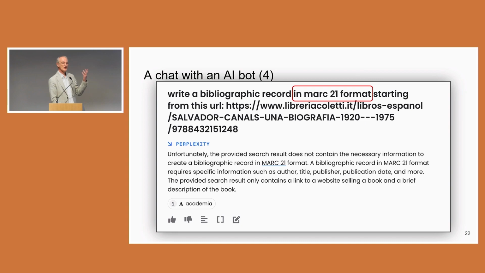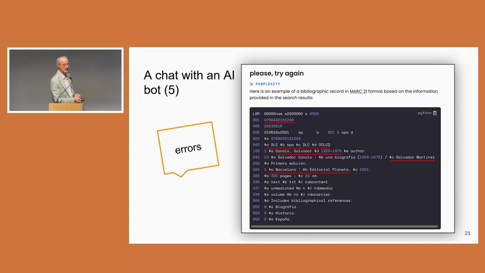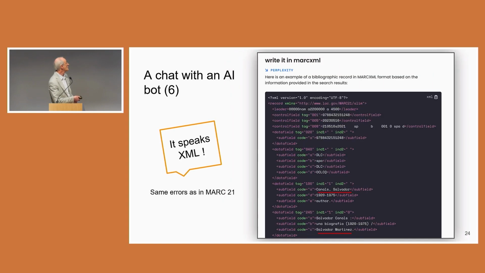Write a bibliographic record in MARC 21 format, starting with this URI. Unfortunately, the same reply as before. Please try again. Saying please is completely useless. Okay, and so we obtain the same errors, but by specifying MARC 21 format I obtain quite immediately the bibliographic record I need for my work.